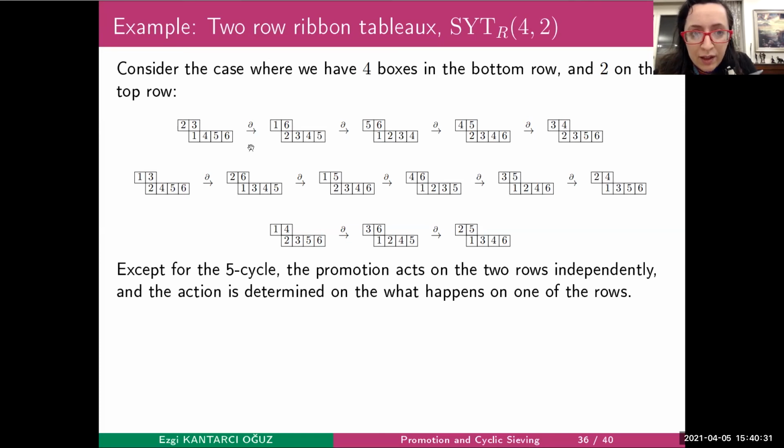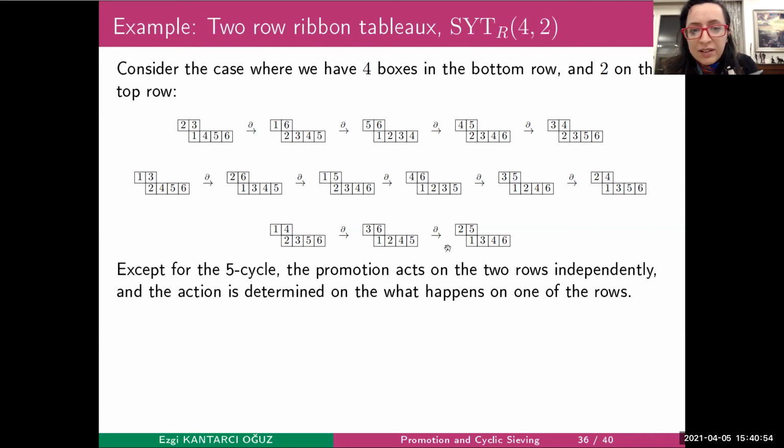And this one tableau gives the 5 cycle, and the others are going to give cycles of order dividing 6. In this case, one 6 cycle, and that divides 6, one 6 cycle and one 5 cycle.